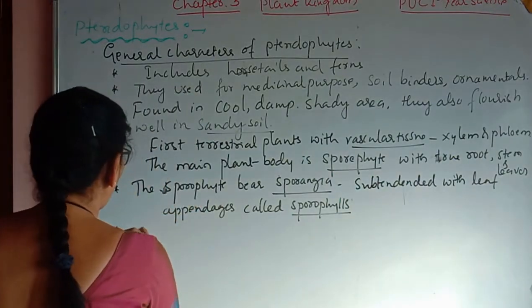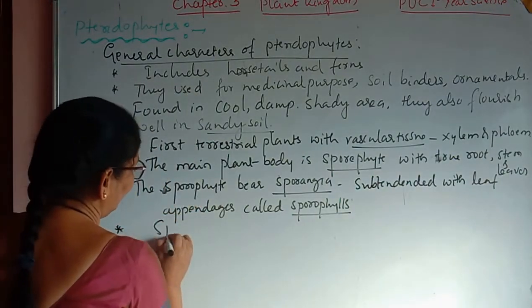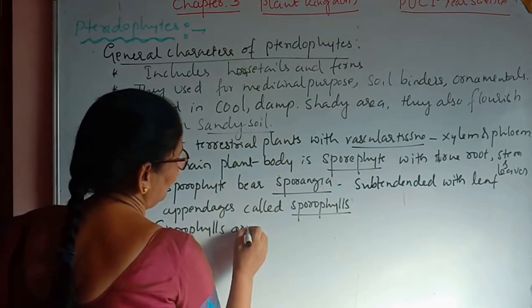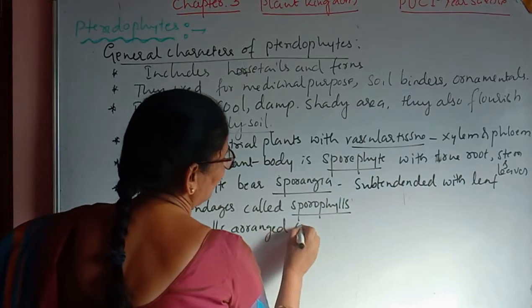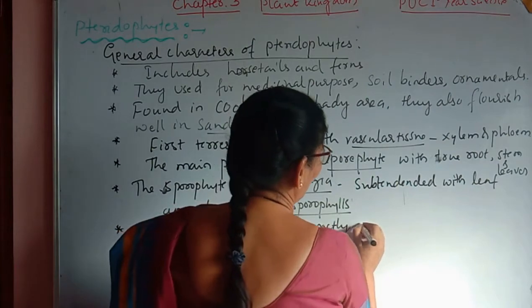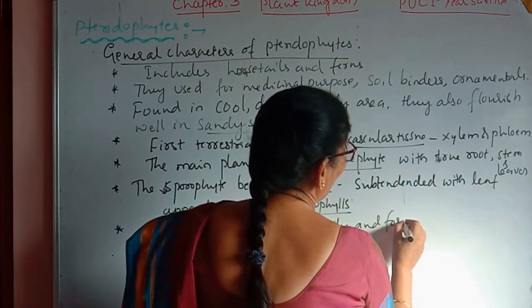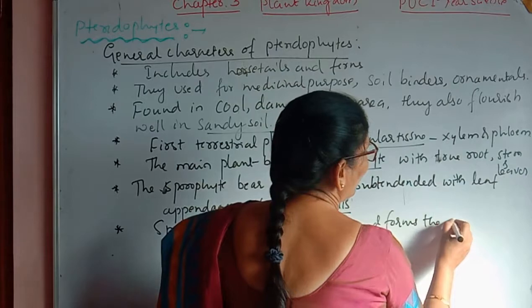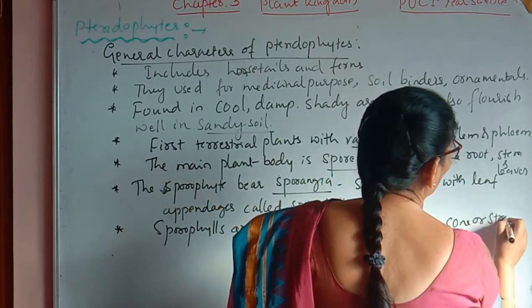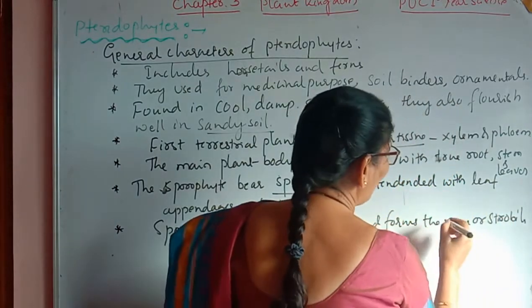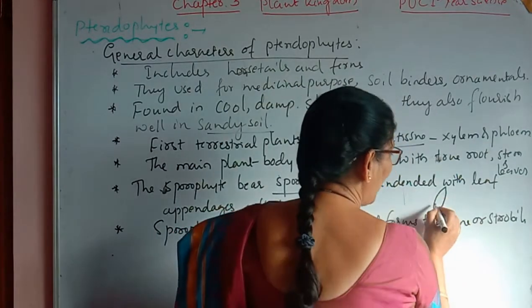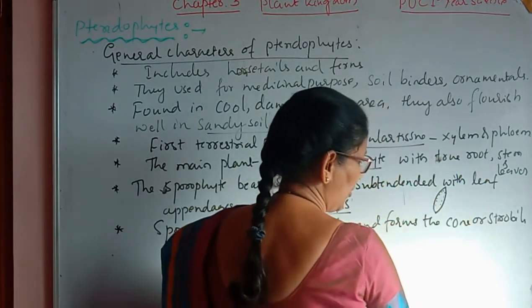Suppose this is a sporophyll, a leaf-like structure; on the lower side they possess the sporangia.